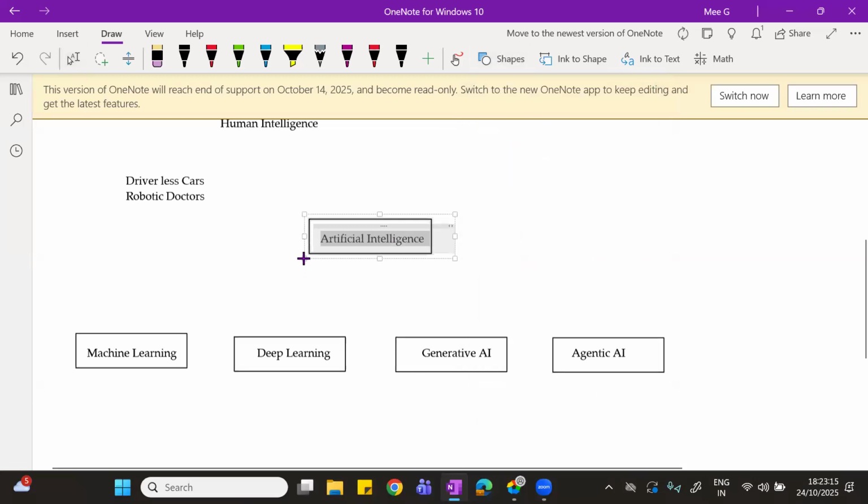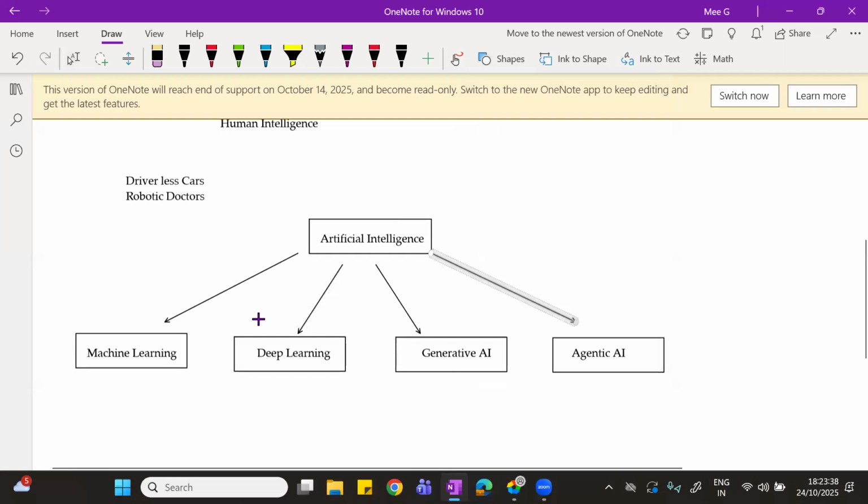AI is nothing but providing the intelligence into the machines, or model, artificially using the data. And this is implemented in 4 different ways: machine learning, deep learning, generative AI, and agentic AI.